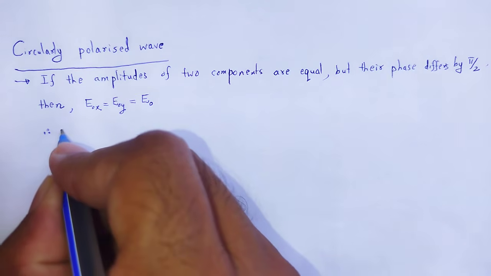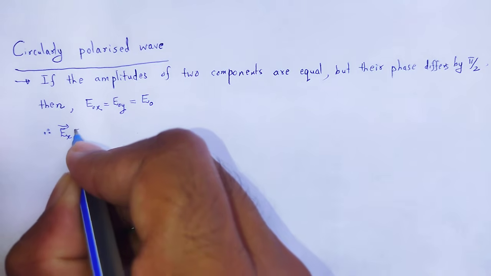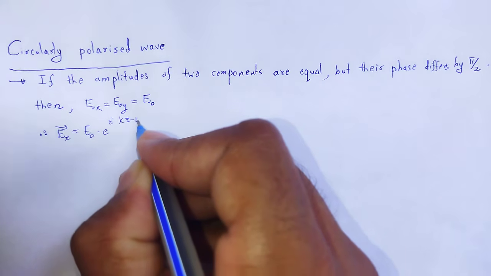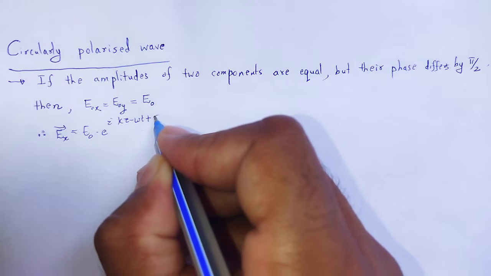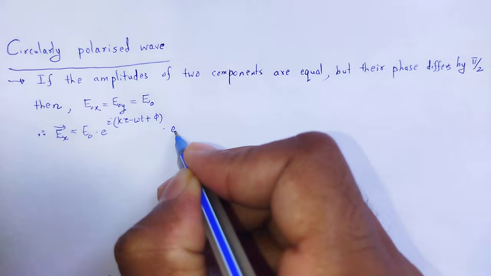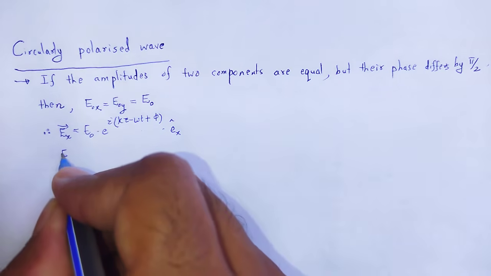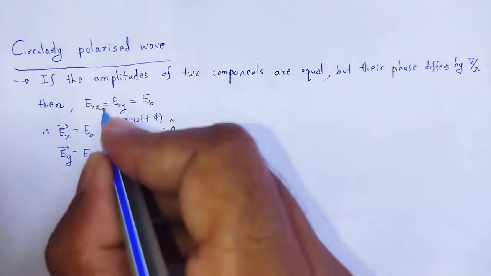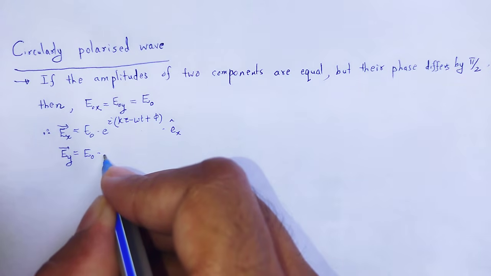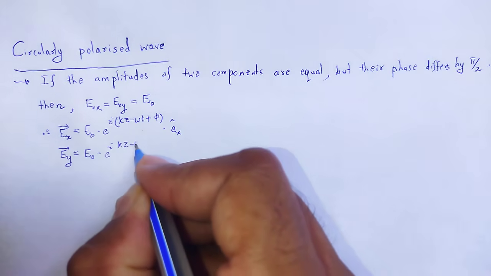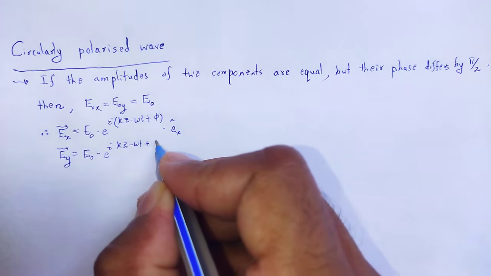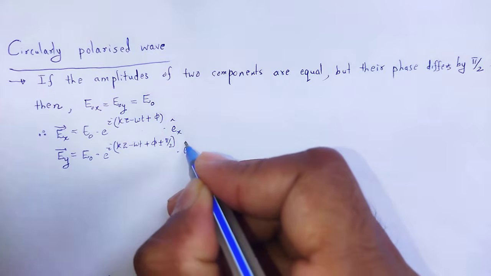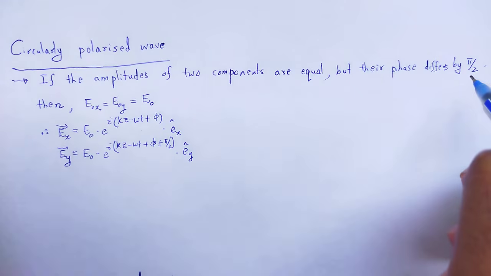Therefore, the equations: E x vector is equal to E o e to the power i (k z minus omega t plus phi) into E x cap, and E y vector, whose phase differs by pi by 2, with the same amplitude, E naught e to the power i (k z minus omega t plus phi plus minus pi by 2) into E y cap.